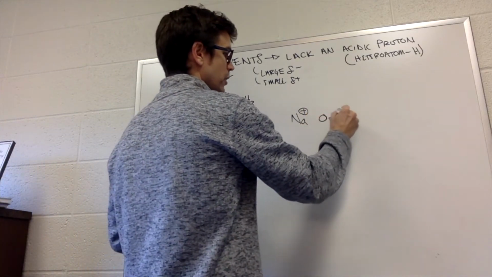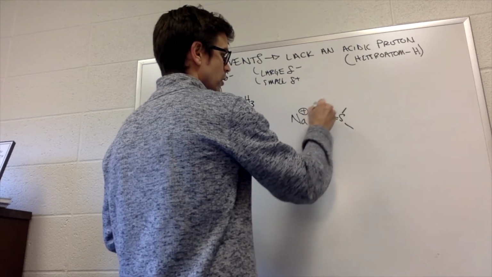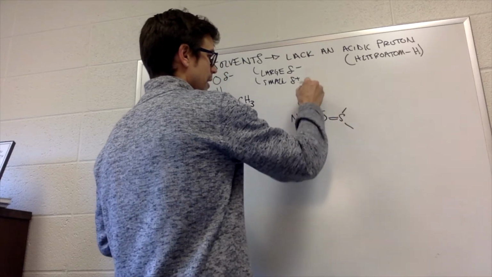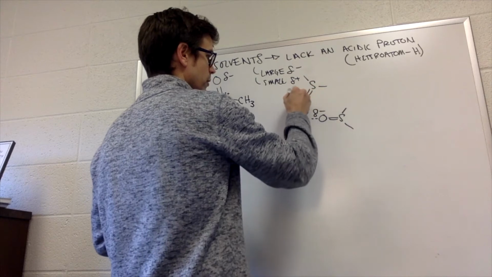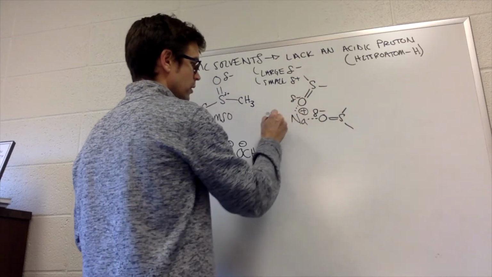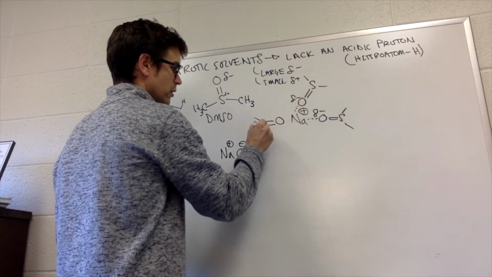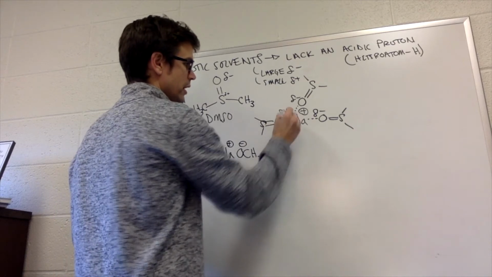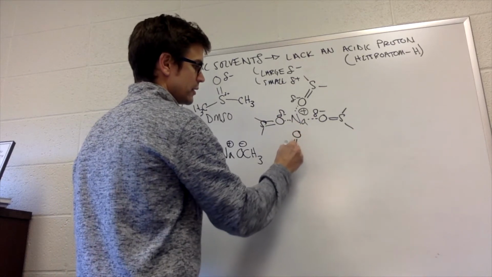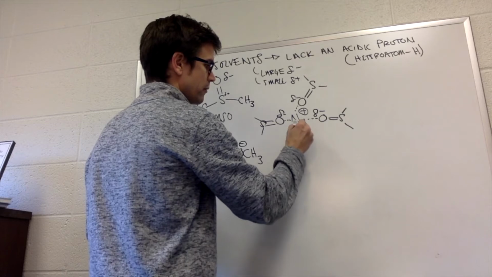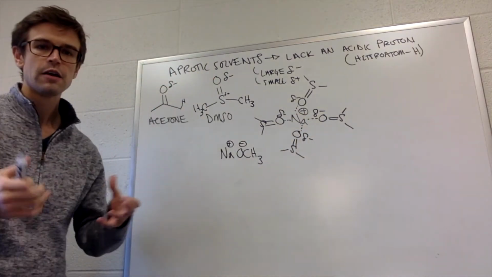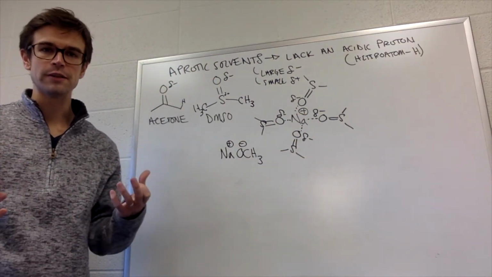It would orient itself around it like we saw in the last video. We have a partial minus there, partial minus there. So this sodium is being very nicely stabilized by these DMSO molecules.